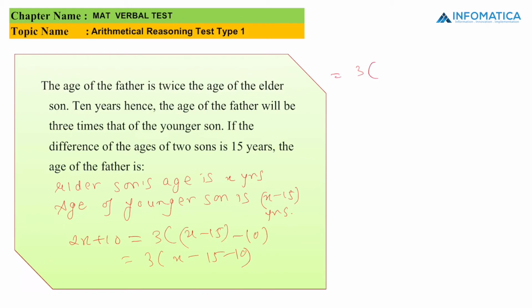Therefore 3 and x minus 25, and that is equal to 3x minus 75. So I've got 2x plus 10 is equal to 3x minus 75. Thus we can say that 10 plus 75 is equal to x.